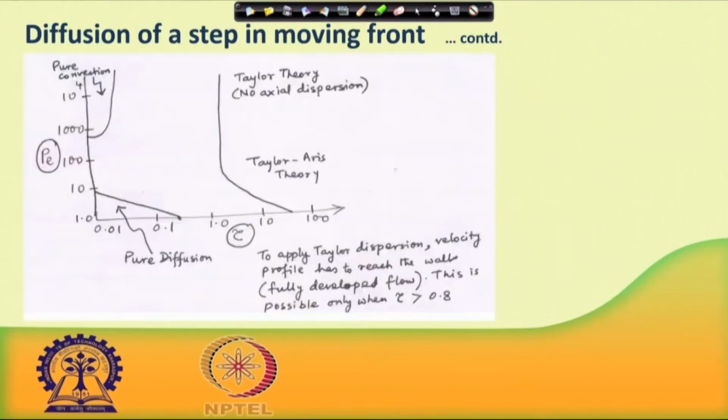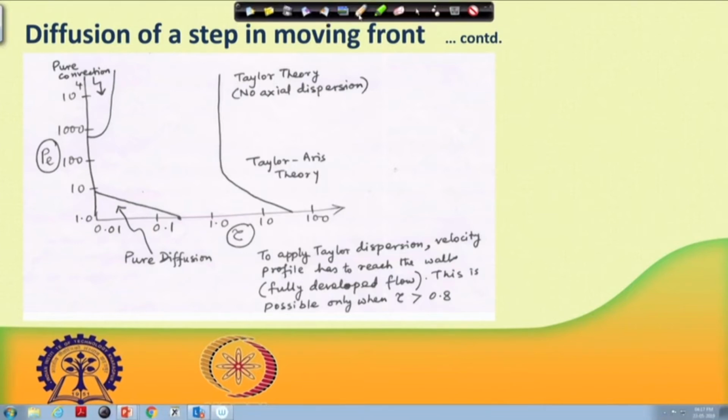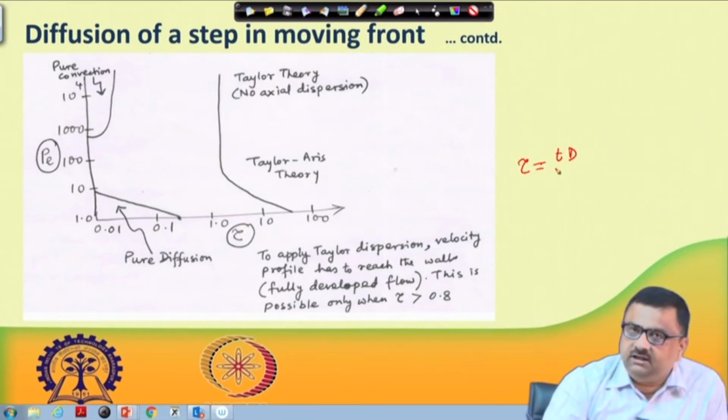Now, I must point out, we have discussed the Peclet number and its importance. Here we are talking about the Peclet number on a log scale, plotted against tau. Tau is that dimensionless time, where tau is equal to Td divided by r square.